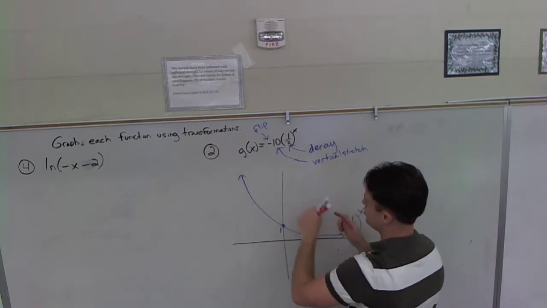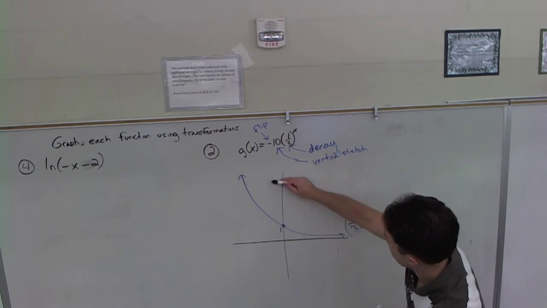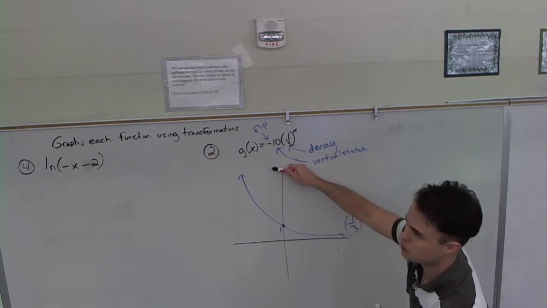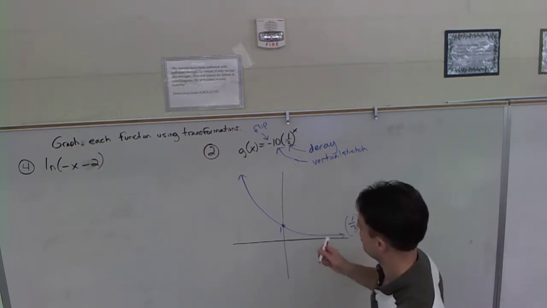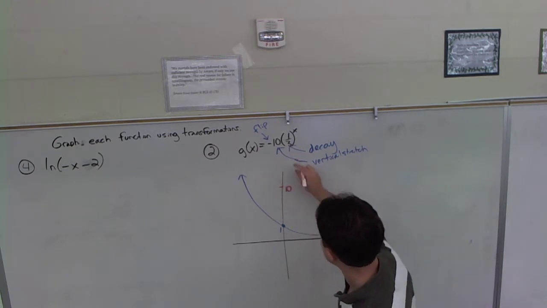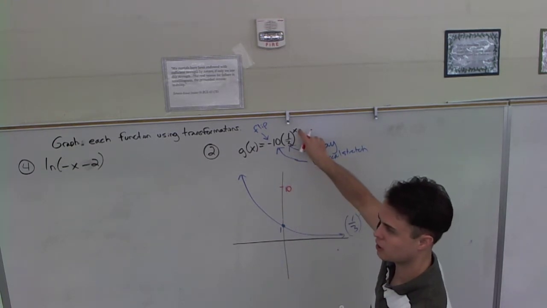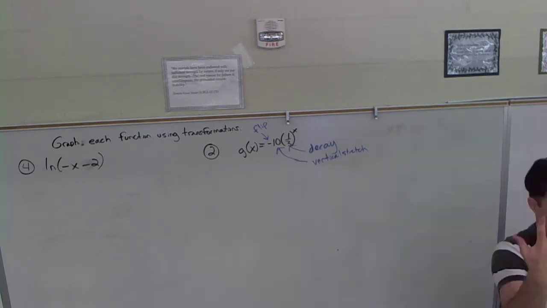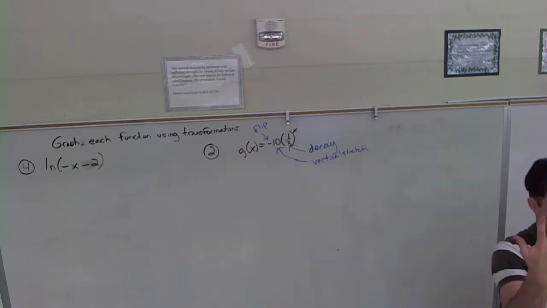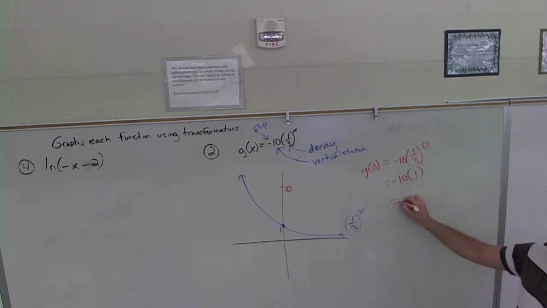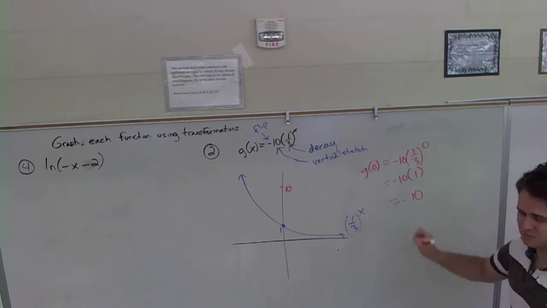And then what's this do? So steeper. By the way, the new y-intercept is 10. If we plug 0 in, now we get 10. -10.